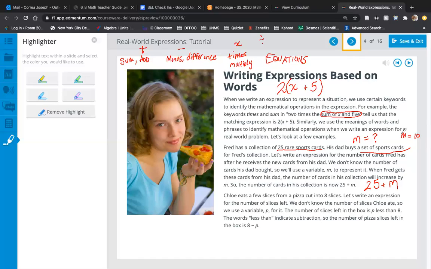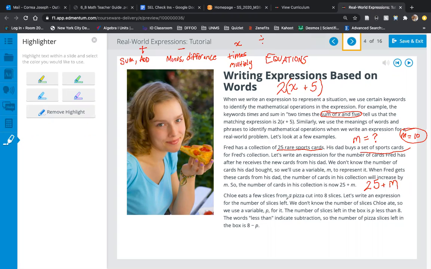So once he knows how many sports cards are there, then he can say, okay, so because I know that's 10, I had 25, so 25 plus 10 means I have 35. But until we have that piece of information, I can't do anything else. This is just the expression, right? It's kind of a placeholder until you determine how big that variable is, and then you can do something with it.